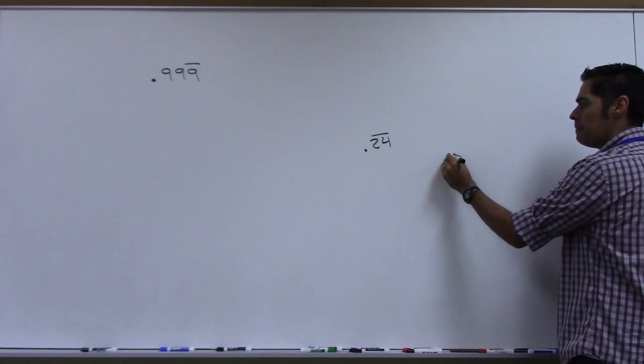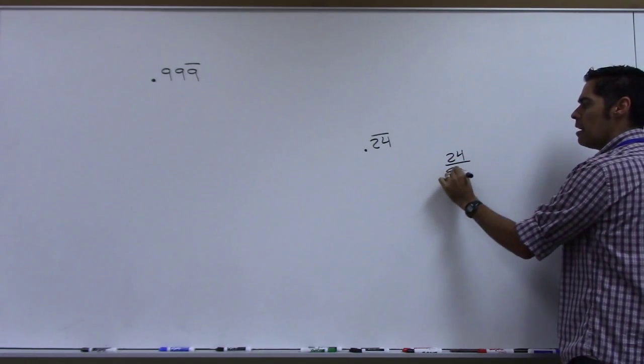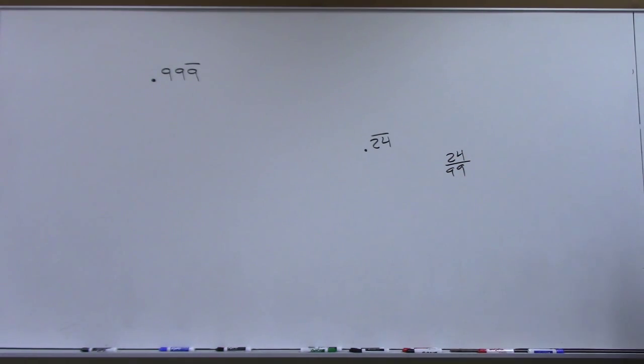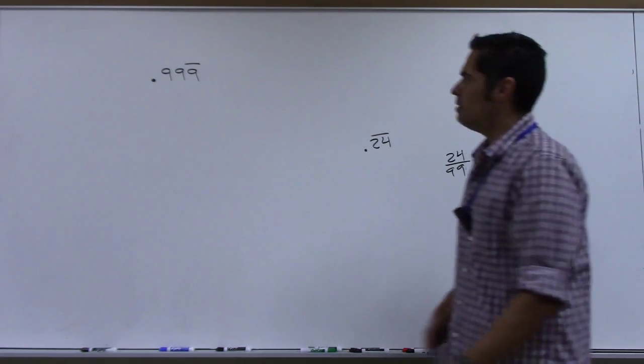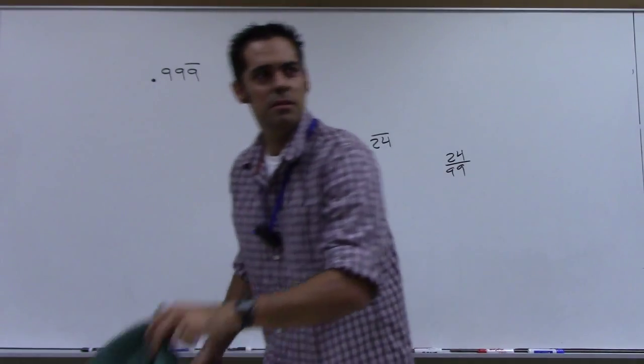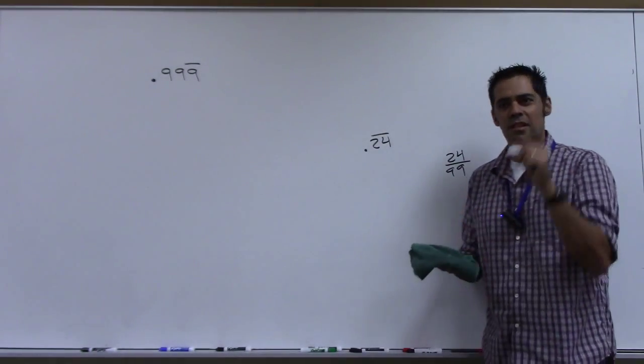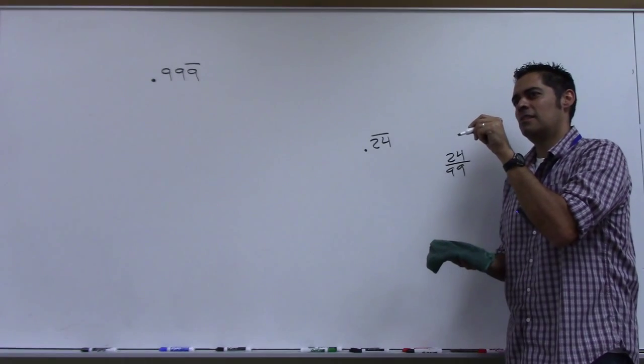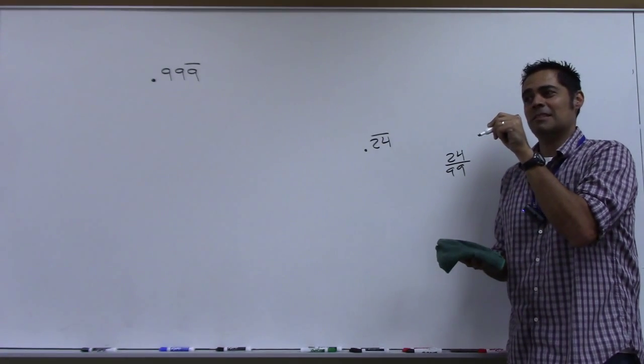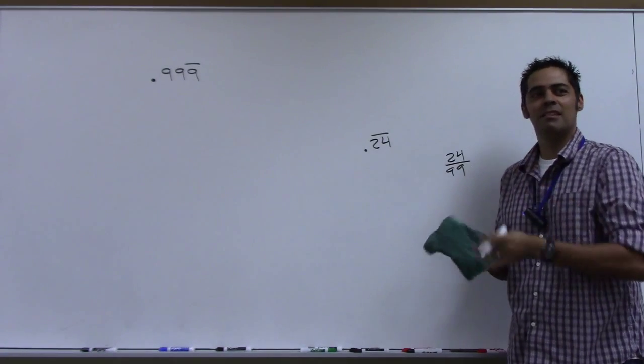Rewrite it as 24 over 99? It would just be 1, wouldn't it? Do you think that 0.99 repeating forever is 1? Is it the number right next to 1? Uncomfortably close to 1?